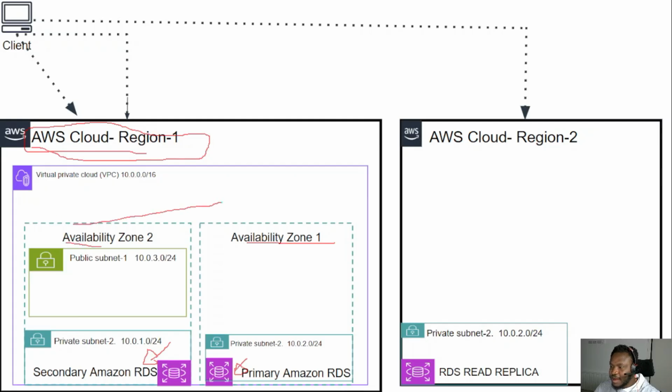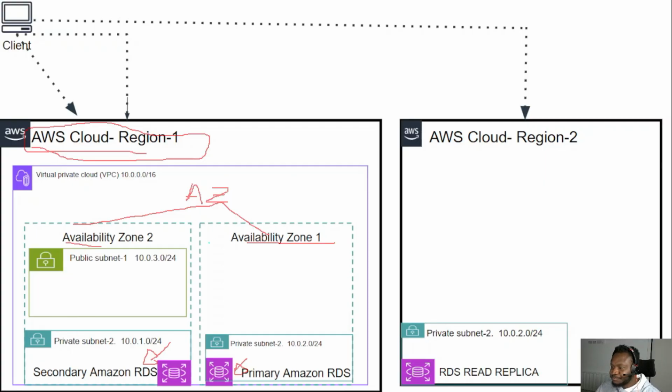So this is high availability and disaster recovery at the level of availability zones, that is, between two availability zones in one region. This is high availability in one region, but not across regions, like if the region is entirely down.